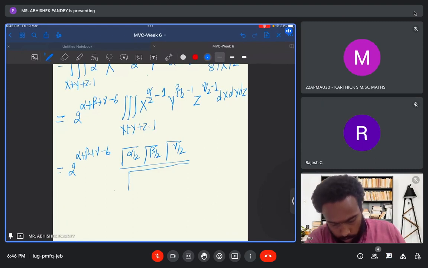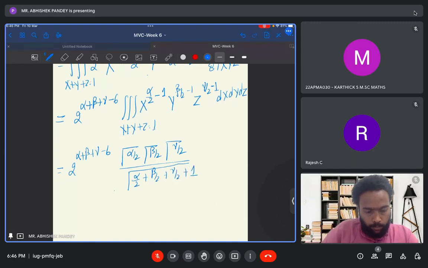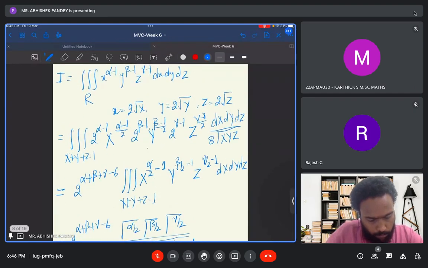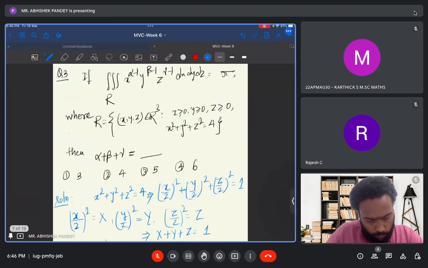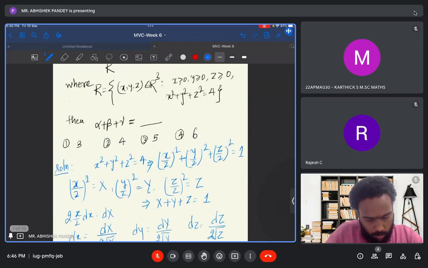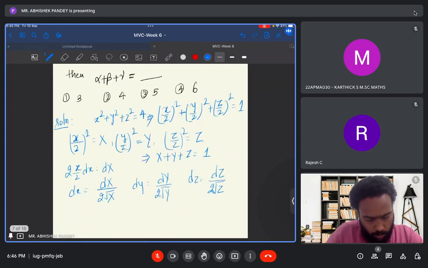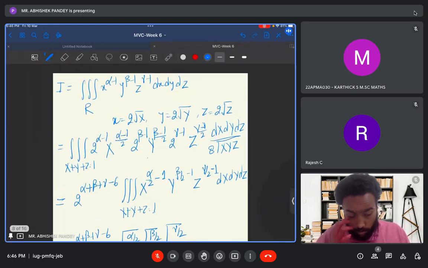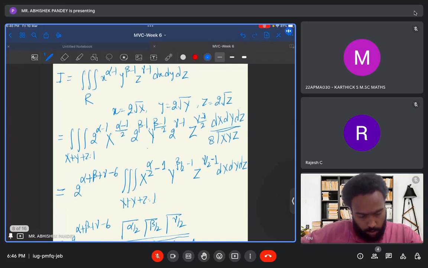Okay, and this is now alpha by 2 plus beta by 2 plus gamma by 2 plus 1. Okay, let us first see whether this one is correct or not. This will be nothing but x is equals to 2 root over x, y is equals to 2 root over y, z is equals to 2 root over z.